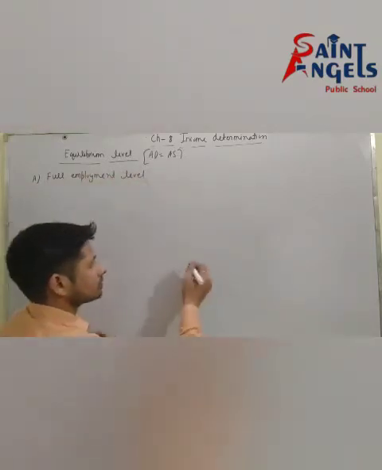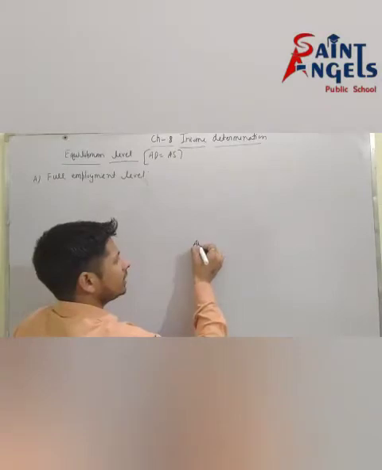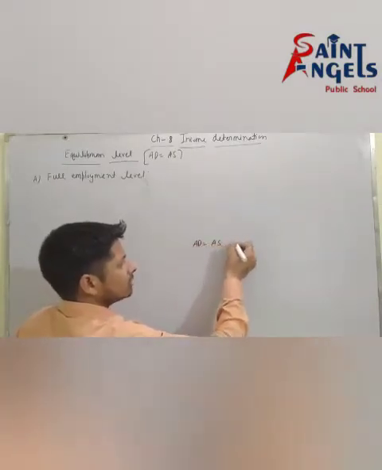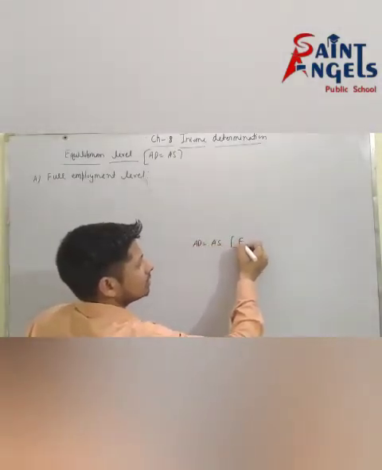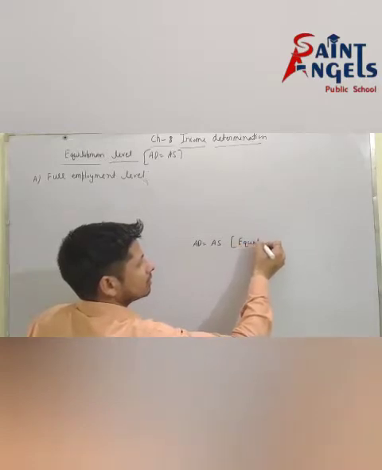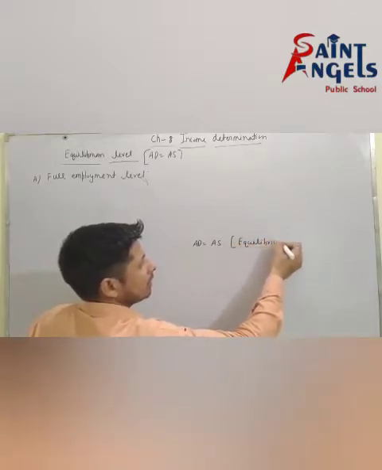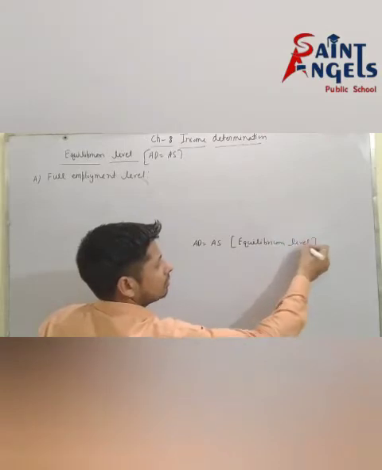When AD is equal to AS, we have the equilibrium level.